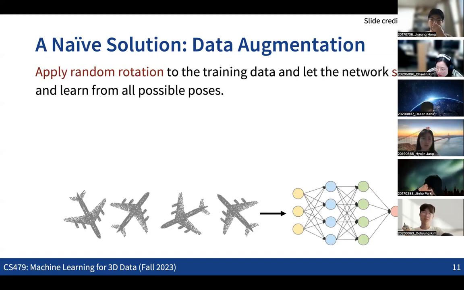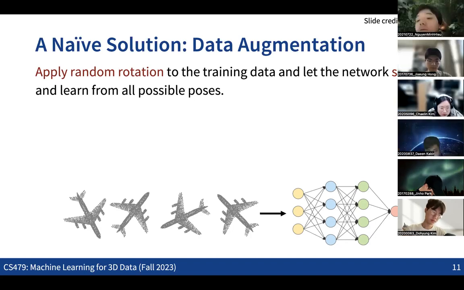The simple way we can do this is, given the 3D models that are all aligned into some canonical pose, we apply a random rotation to all the 3D models, letting the neural net see all the possible poses of the 3D models. That can be a very simple way to train the neural net while achieving some rotation invariance, without making any big changes in the neural net architecture. And this is actually quite an effective way. This works in many cases.